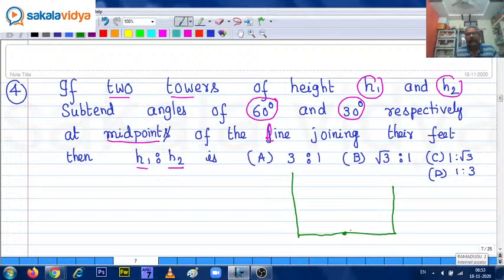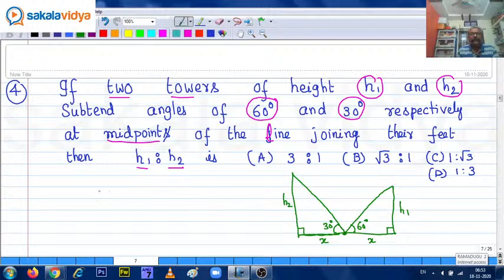This is the midpoint. This is 30 degrees, this will be 60 degrees. Say this height is h1, a right angle triangle, and this is also a right angle triangle, h2. Midpoint means say this is x, this is also x distance.